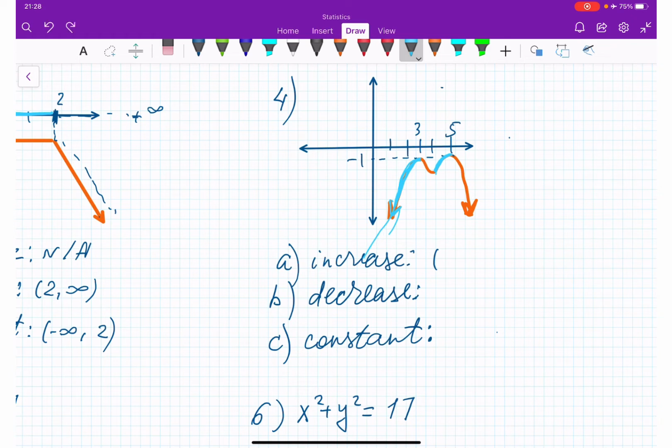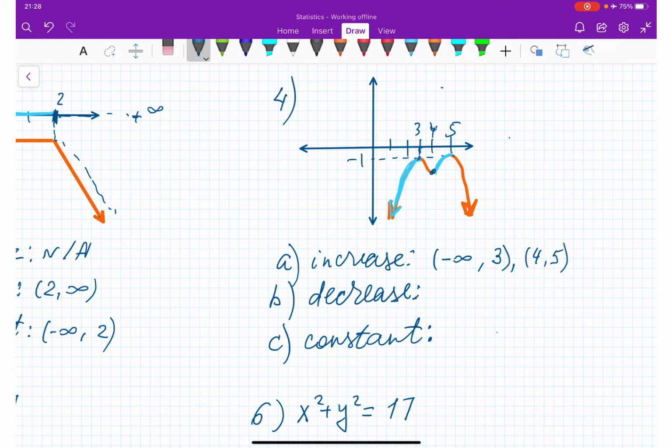Till negative infinity. So identifying as negative infinity, all the way till 3, correct? Because the value of x is increasing till 3. And then, comma, it starts from 4, the value of x is 4, this point right here, and increasing till 5.